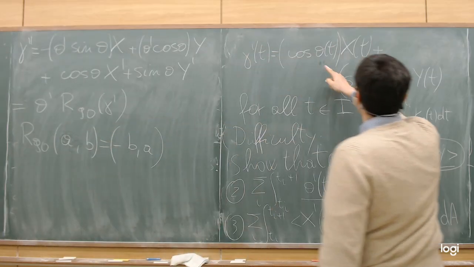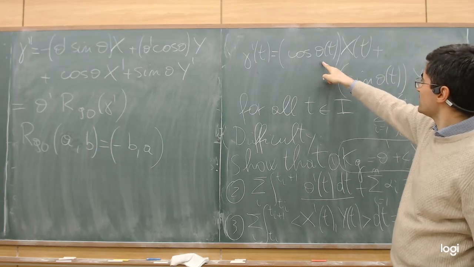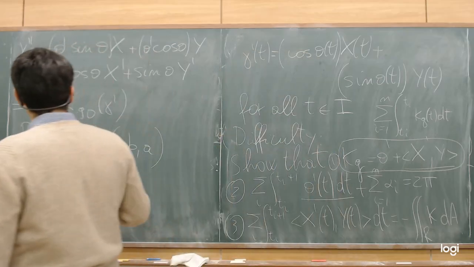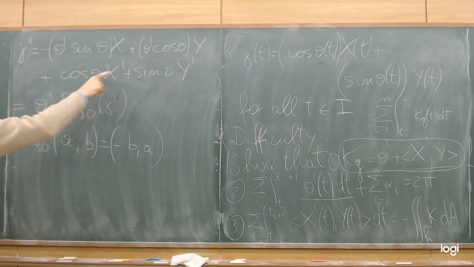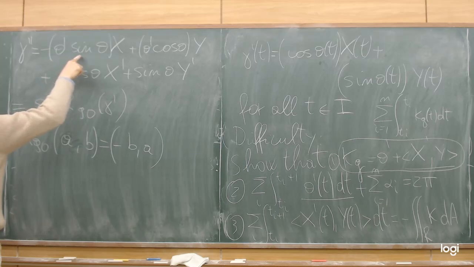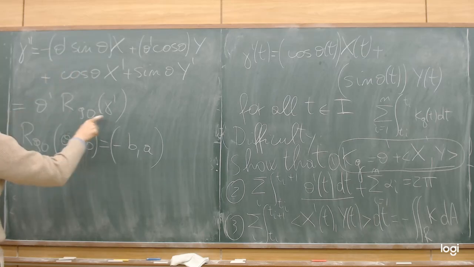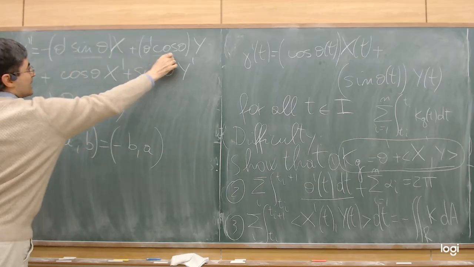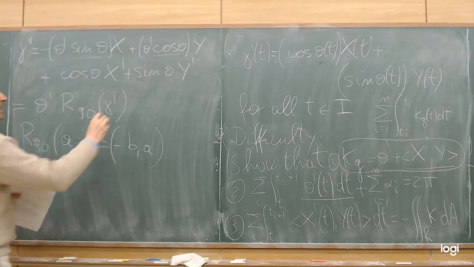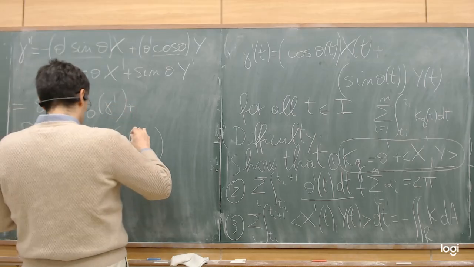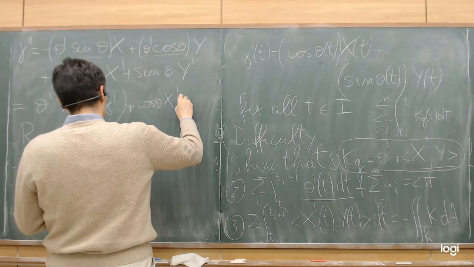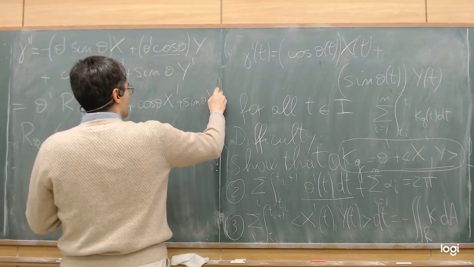So gamma prime is a vector component cosinus of theta, sinus of theta, in the basis x, y. And then R90 gamma prime is a vector component sinus of theta and cosinus of theta, plus something else, which is cosinus of theta x prime plus sinus of theta y prime.